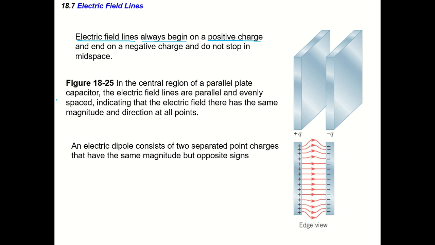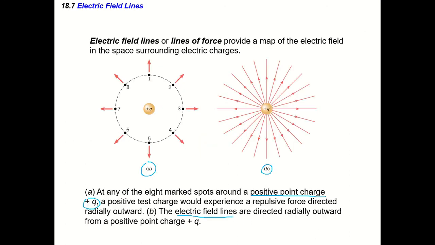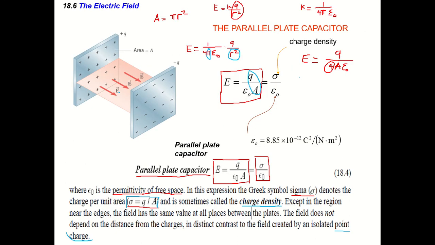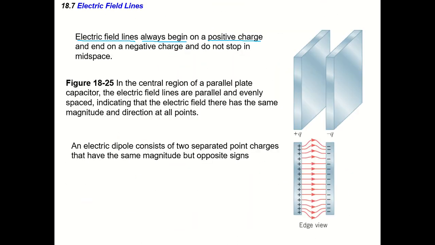So in figure 18-25, in the central region of the parallel plate capacitor, this is our plate capacitor in front view, the electric field lines are parallel and evenly spaced.